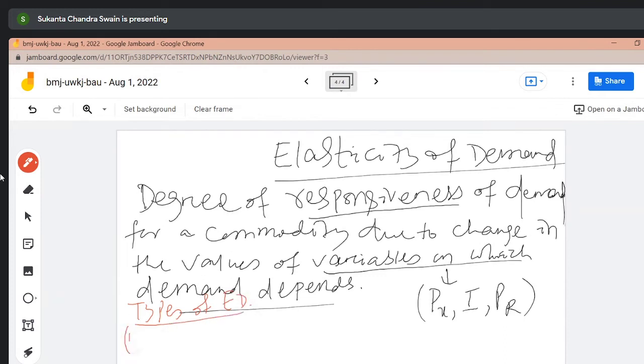First is price elasticity of demand. We can define it in the same way, nothing much we will add here.